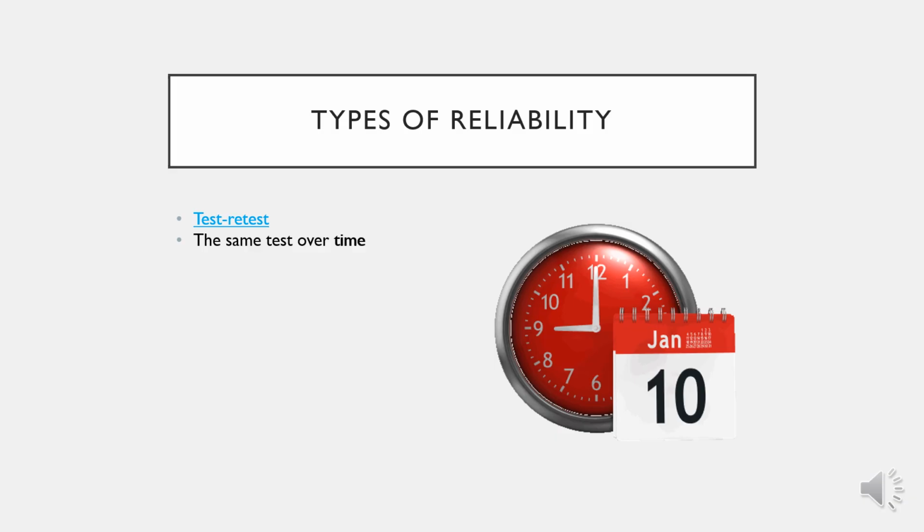Sometimes it may be over the course of a week or months or even a couple of years. For a test to have high test-retest reliability, we would be expecting similar scores on each occasion that the person takes the test.